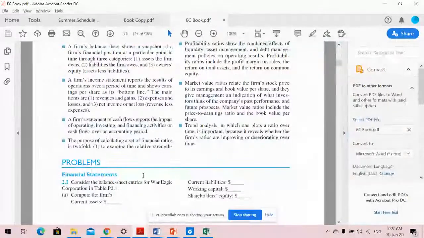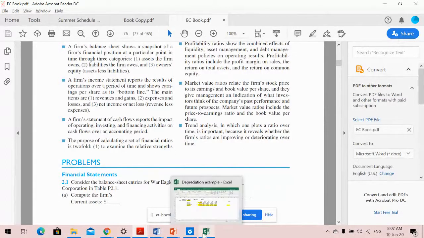Yes. So can you see the book now? Question 2.1. My screen is clear with you.